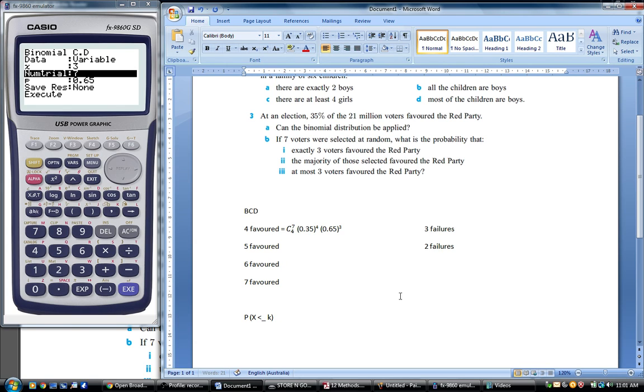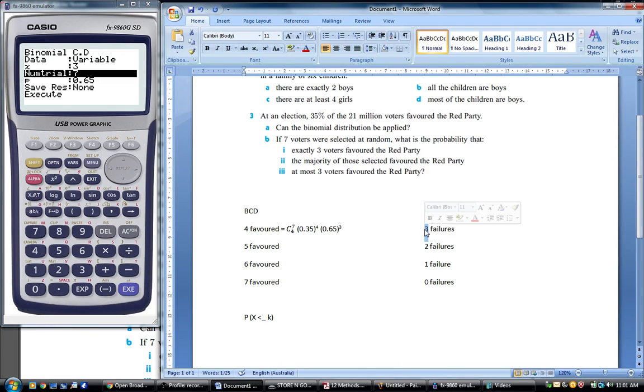If there's 6 successes, 1 failure, and if there's 7 successes, 0 failures. Because this is a calculation of the probability being less than, what we want to calculate is these failures. We can say that this K value is going to be this number 3 here. We're saying, what's the probability that there's less than or equal to 3 failures?